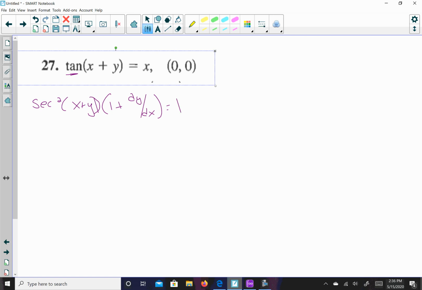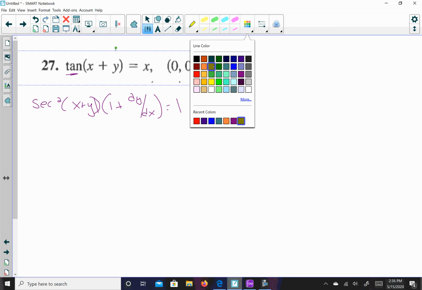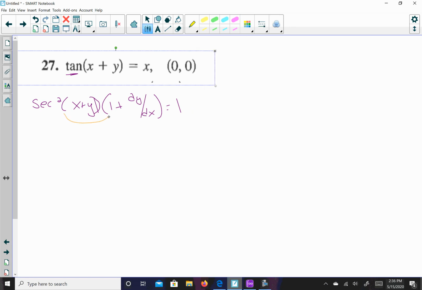So now I have to use the distributive property. That's an ugly color. So I'm going to multiply this by 1, and I'm going to get secant squared of x plus y, plus, and now I'm going to multiply it by this. So I'm going to have secant squared of x plus y times dy dx, and that's equal to 1.